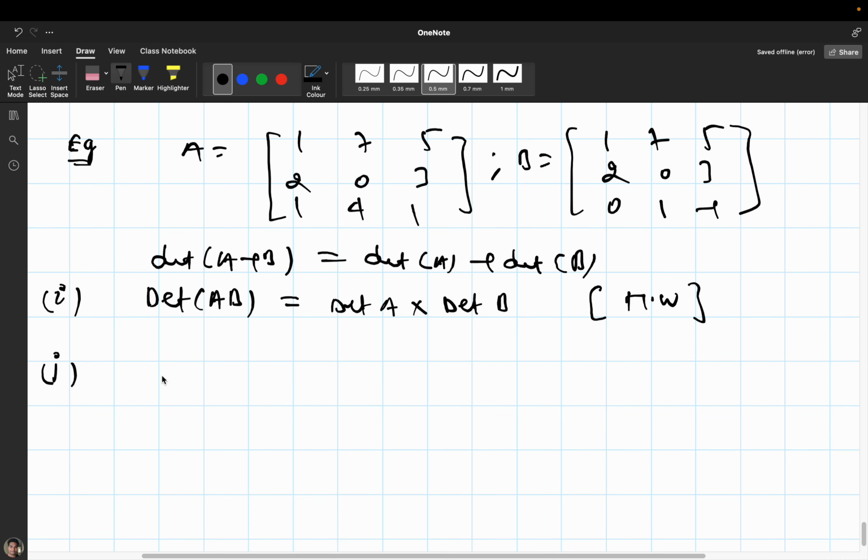Now, property number J. What is the determinant of A inverse?